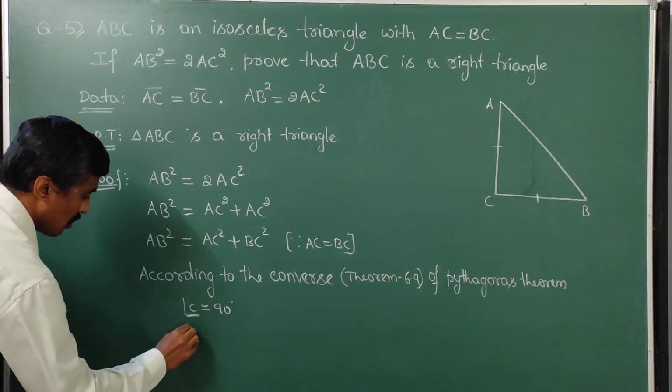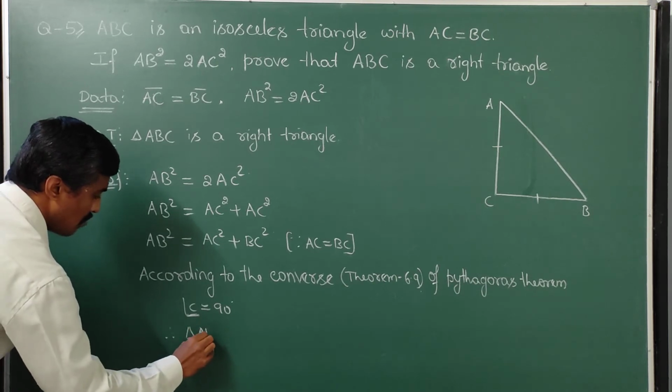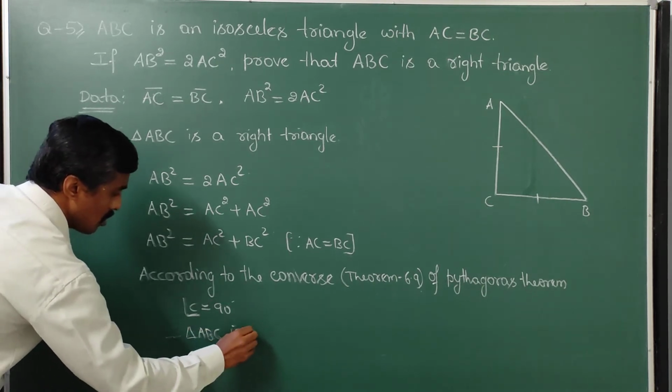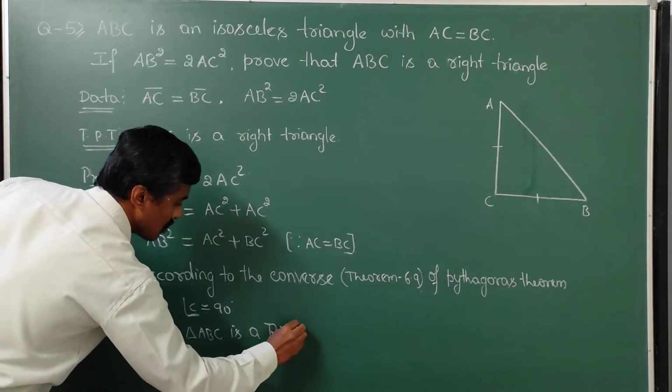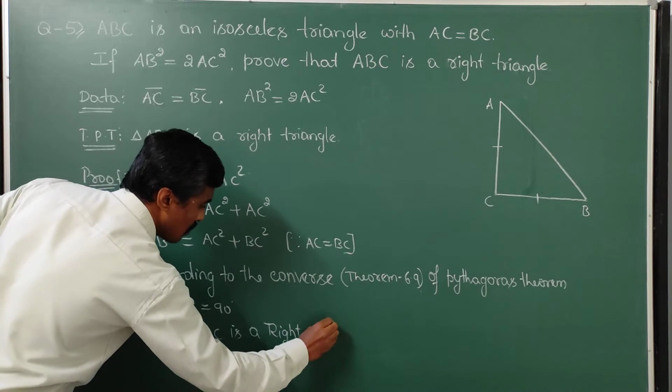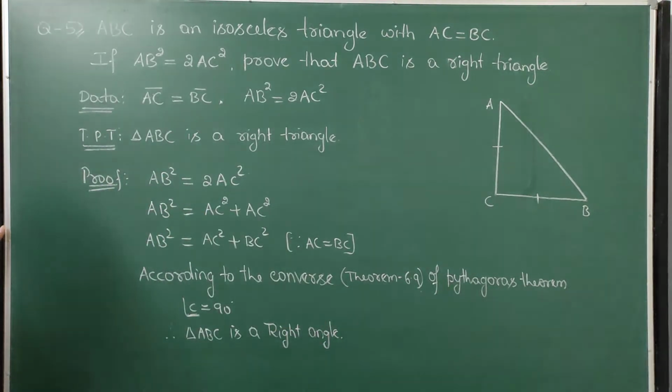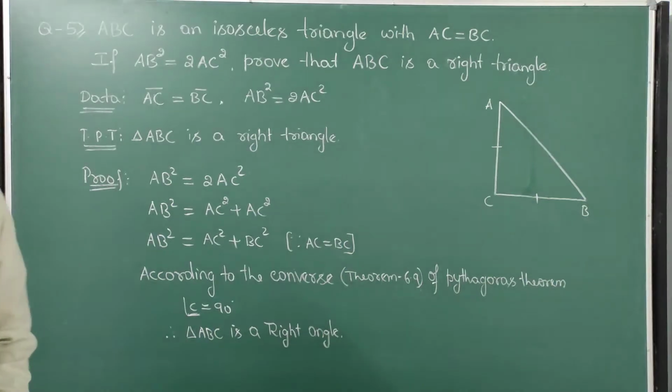Therefore triangle ABC is a right triangle. Okay. So now I will move on to the next question.